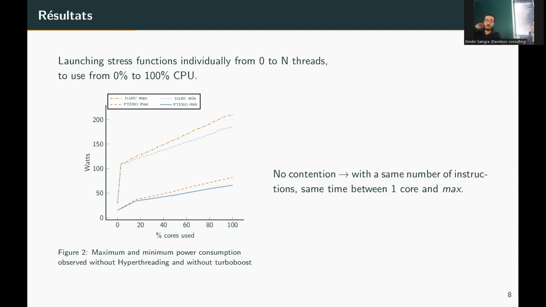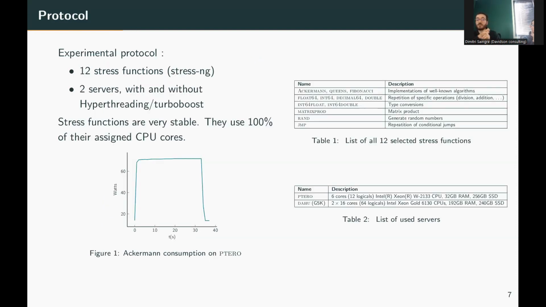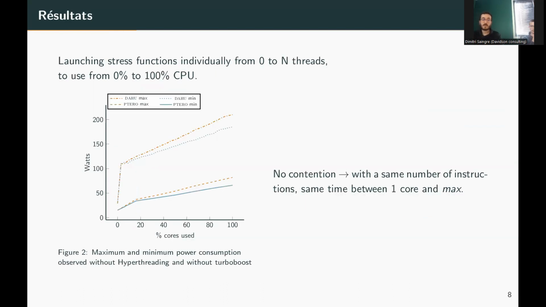Here we use two servers, one called Ptero, which is a small server, and one called Dau from Grid 4000, which is a bigger server. For example, we launched all the stress functions on 0 to n threads, to use from 0% of the CPU to all of the CPU.